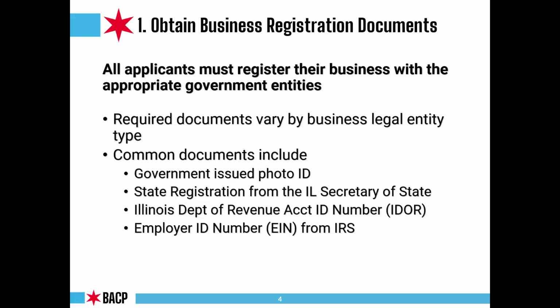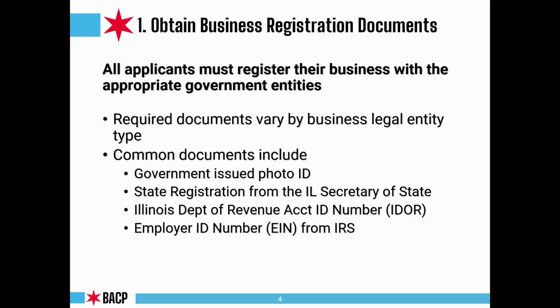Those documents could include articles of organization if you're establishing yourself as an LLC, or articles of incorporation if you're establishing yourself as a corporation. These documents can be obtained through the Secretary of State. We will also need your EIN number, which can be obtained through the IRS.